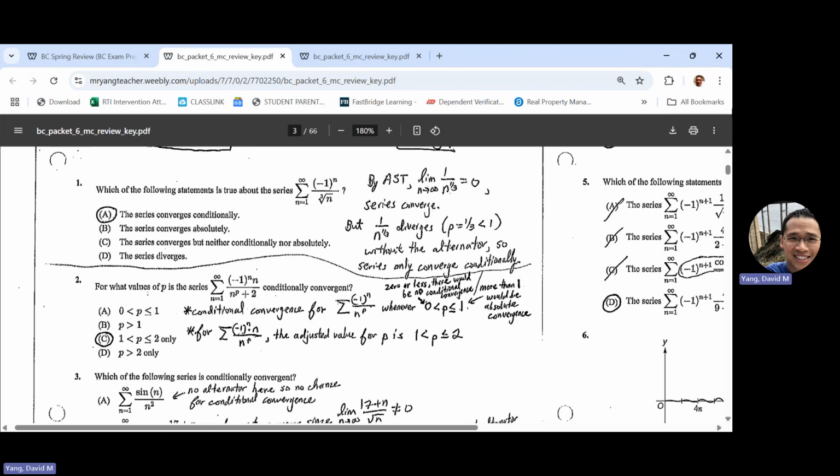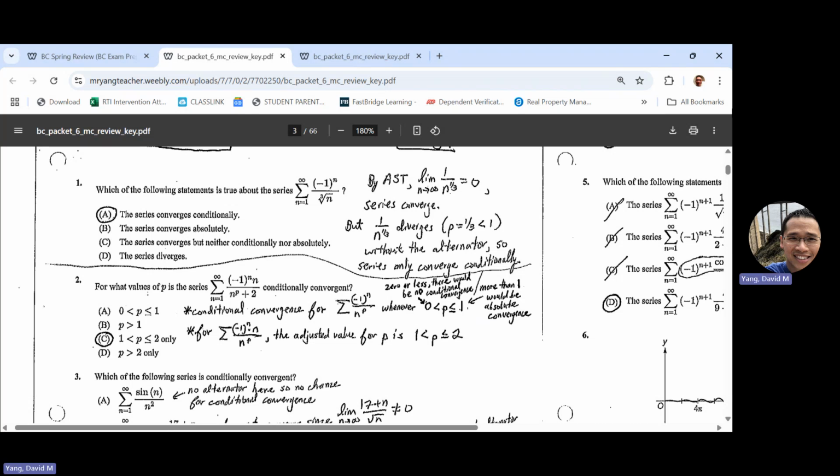So number 1, we know that the condition for the alternating series test is if I can just show that the limit of my expression without the alternator goes to 0, then that's all I need for my series to converge. So we definitely see that's the case. If I were to put absolute value around it, we know that 1/n to the 1/3 does go to 0.